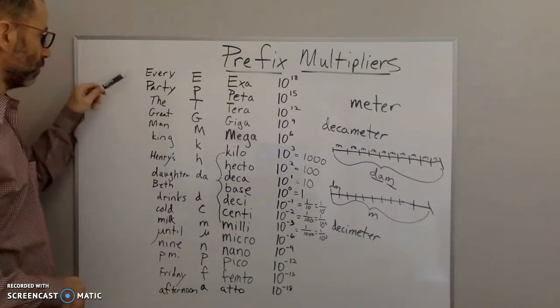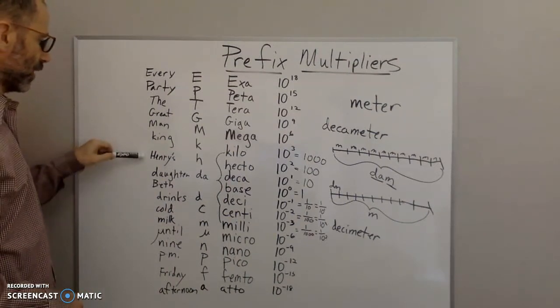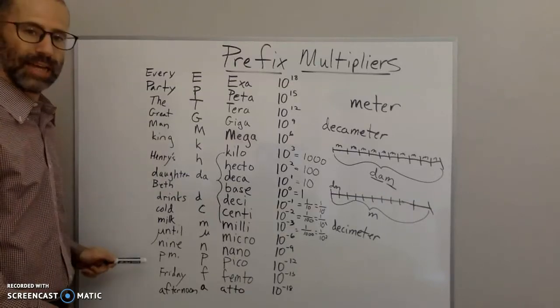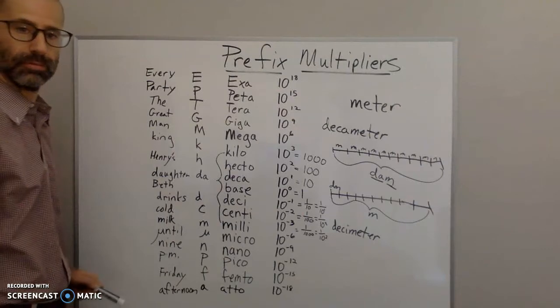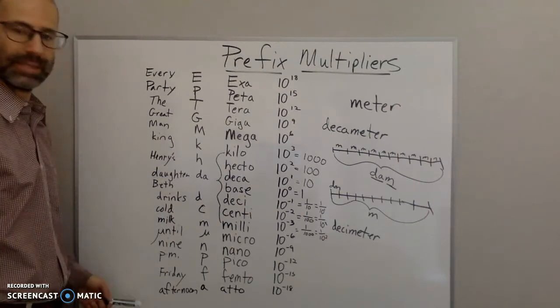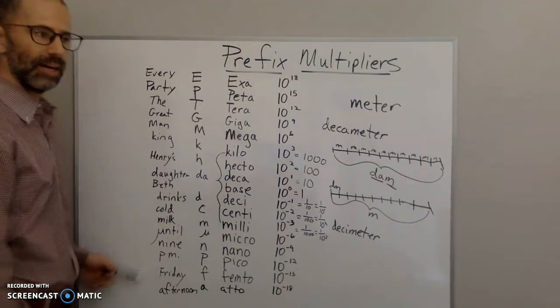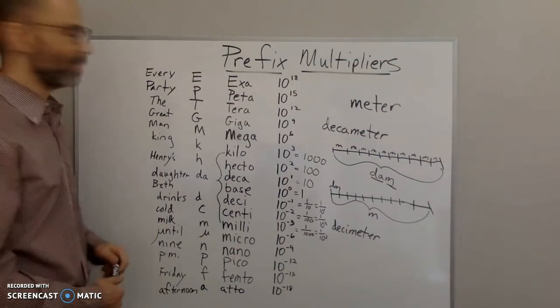You could say: every party, the great man King Henry's daughter, Beth, drinks cold milk until 9 p.m. on Friday, or just Friday afternoon. Again, it doesn't make sense. 9 p.m. is way past Friday afternoon, but I chose afternoon because Friday afternoon flows off the tongue.